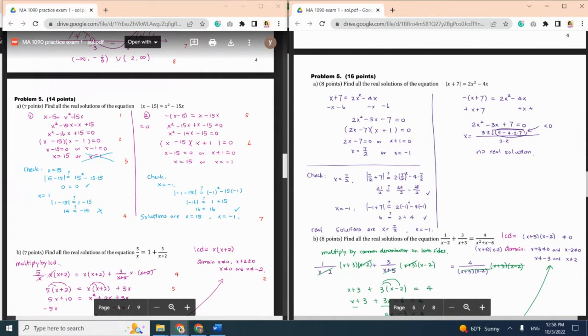And then you get a quadratic equation. So you move all the terms to one side, and then you either do the factoring or use the quadratic formula. After you find the roots, you need to check the roots, because the roots need to really be solutions to the original equation.